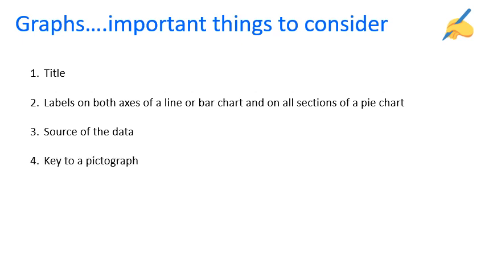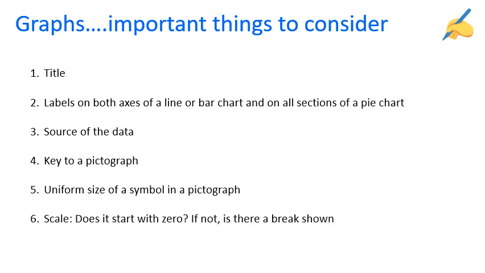A key to a pictograph, so without a key we don't really know what it's telling us. Uniform size of a symbol in a pictograph. Scale, does it start with 0? If not, is there a break shown? And as well as scale, we're looking at are the numbers equally spaced?